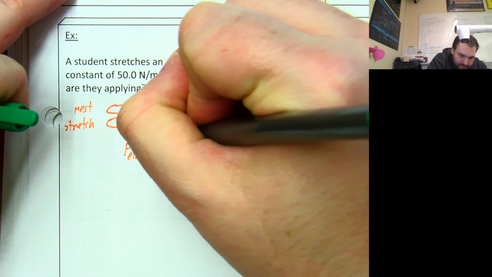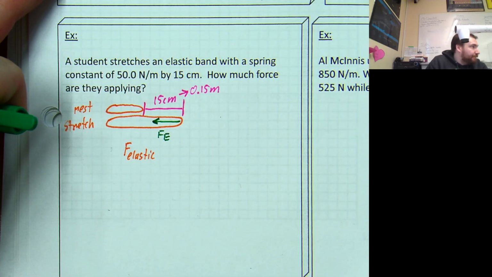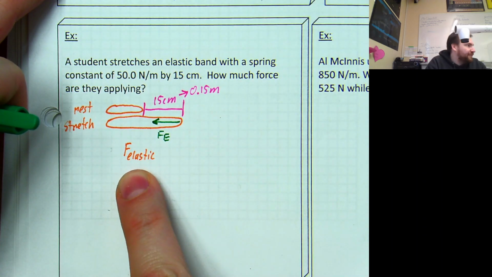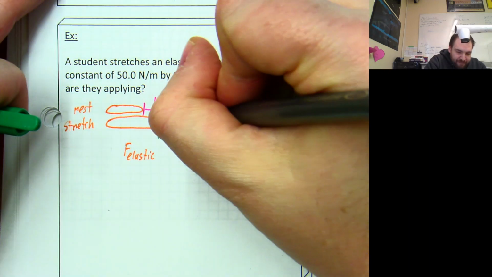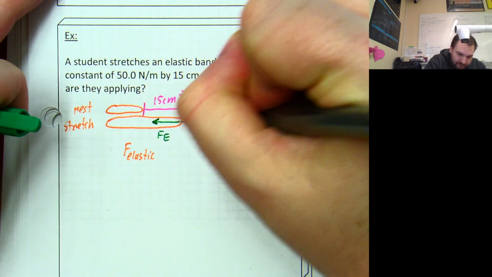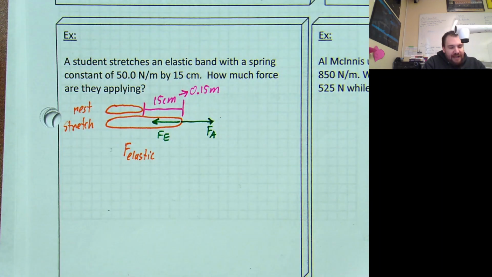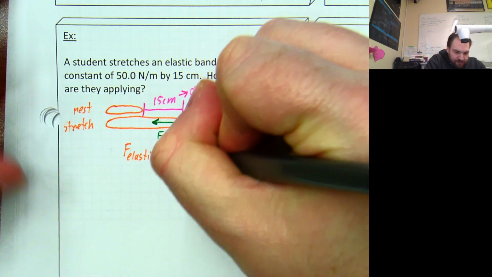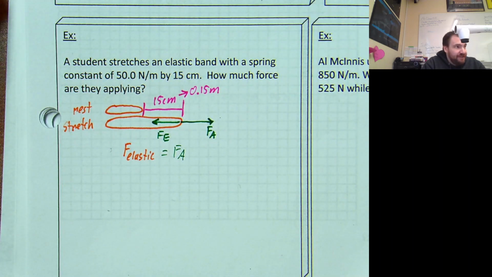I'm only going to write it F elastic a couple more times here, just so we get comfortable with it. So you've got F elastic and F applied. The F elastic is the rubber band trying to pull back. The F applied is what the student is actually doing. And in this case, they are equal to each other because it's being held there.